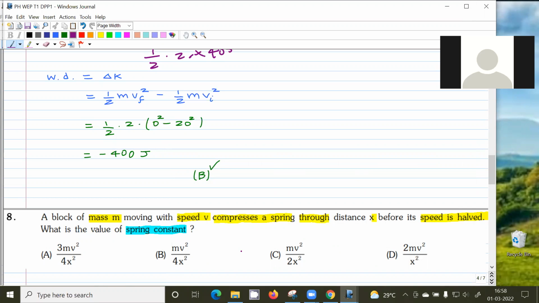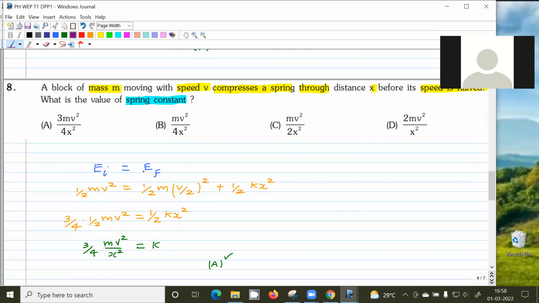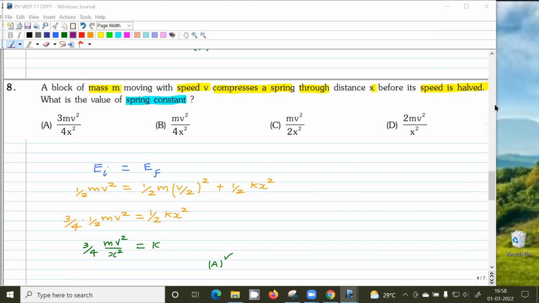So half m v square should be equal to half k x square. Three m v square by 4 x square. Option A, sir. Yes, speed is decreased by half. Yes, option A.